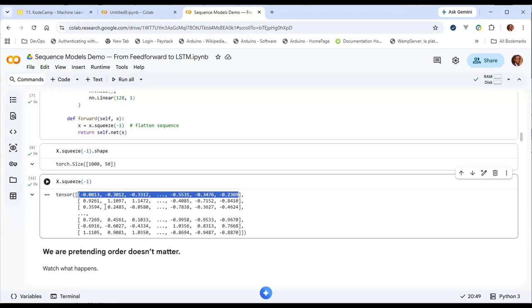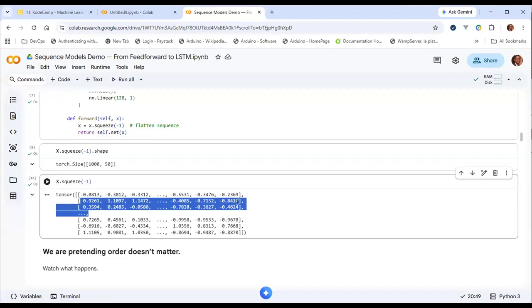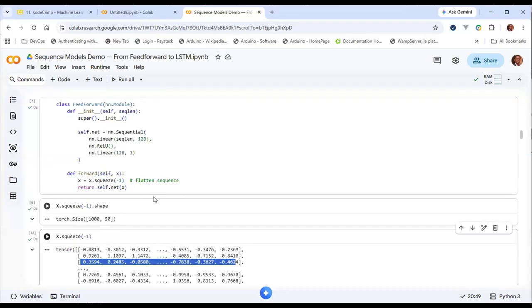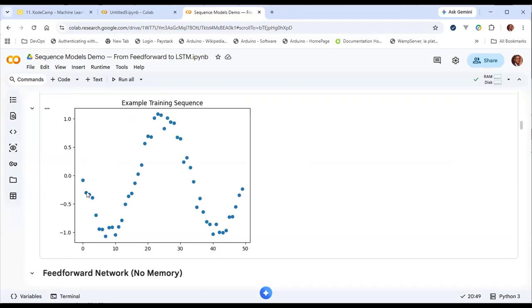And this is another sequence, and so on. Remember, the sequences are generated by looking at one point in the sine wave to the next point. For example, from this point in the sine wave to this point, we take all of these points, and that forms the sequence. Another one can start from here, and like that.